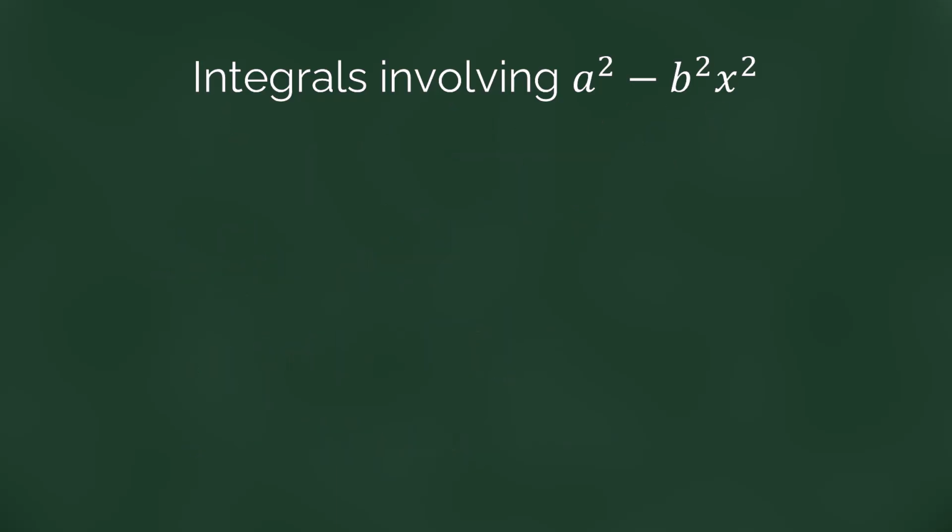Let's try another now that involves a definite integral. So we're going to take a look at the definite integral from 0 to 3 halves of the function 1 over 9 minus x squared all to the 3 halves power dx.